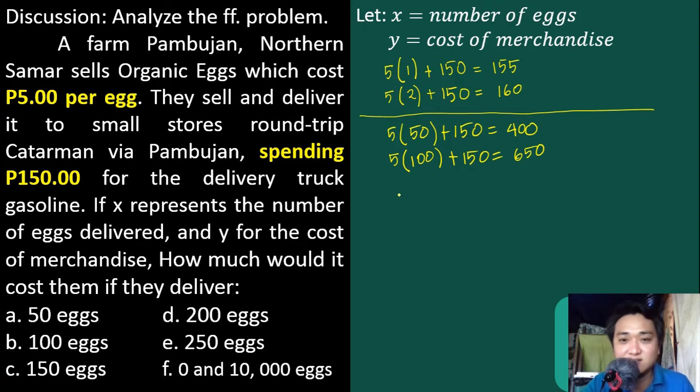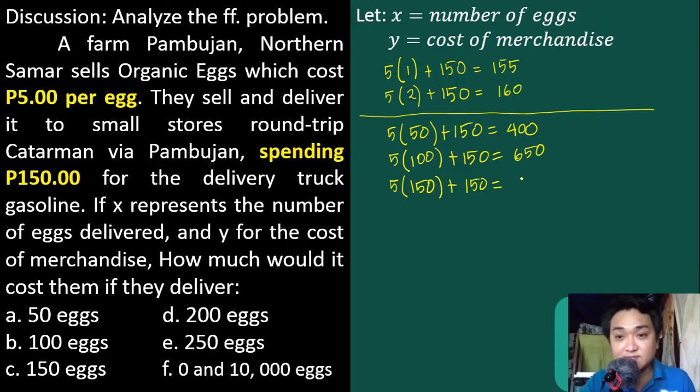What if nag-deliver sila ng 150 eggs? So 5 times 150 eggs plus yung pinanggasolina, which is 150. So that will be 5 times 150 plus 150.